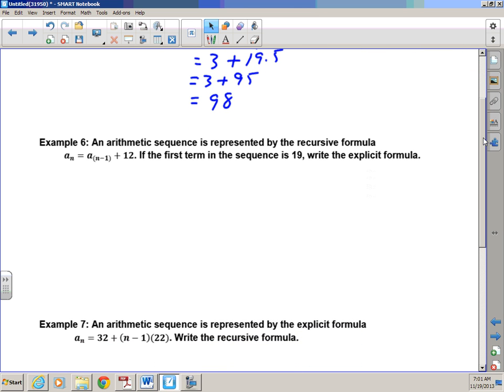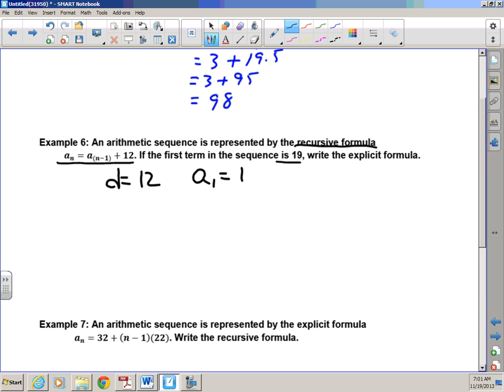An arithmetic sequence is represented by the recursive formula here. If the first term is 19, write the explicit formula. This recursive formula tells us that D is 12, and I'm telling you A1 is 19. So now I can write A n, for any value, is the first term plus n minus 1 times the 12.